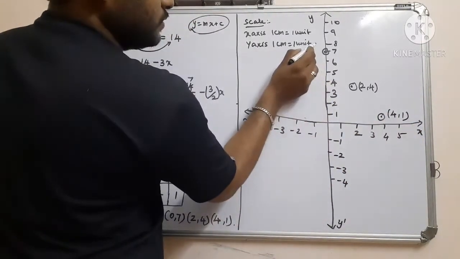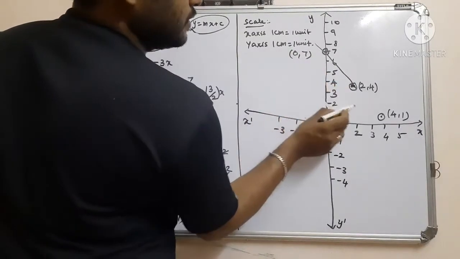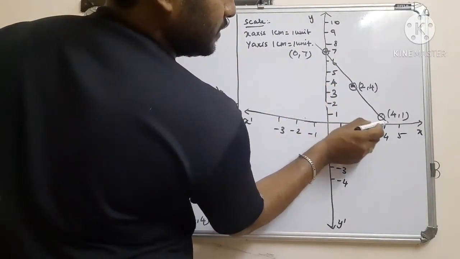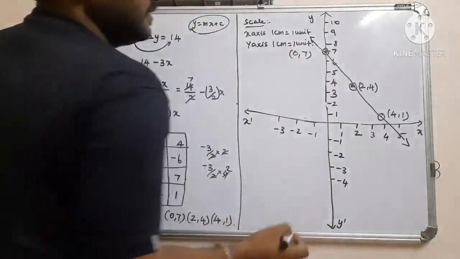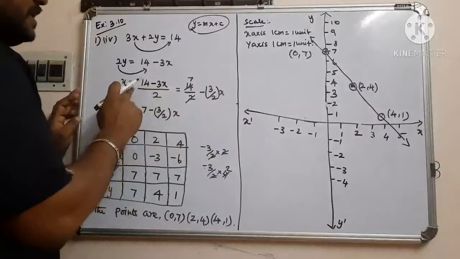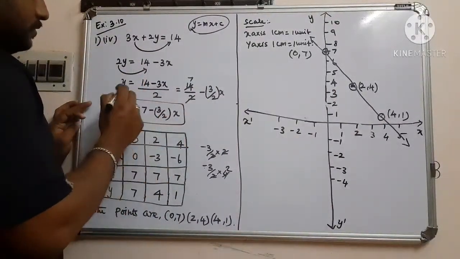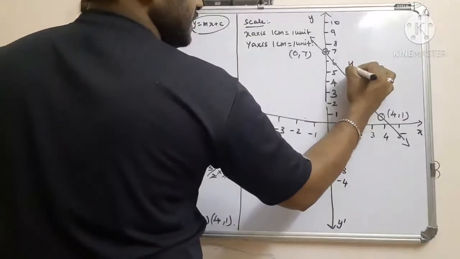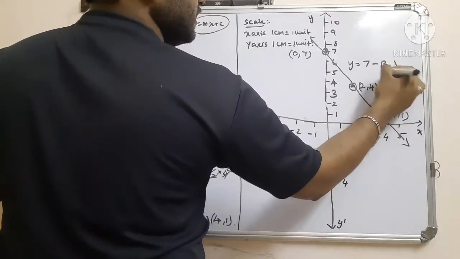Now you have to join the line using scale only. You have to draw, extend it. This line must be equal to this equation. Y is equal to 7 minus 3 by 2 x.